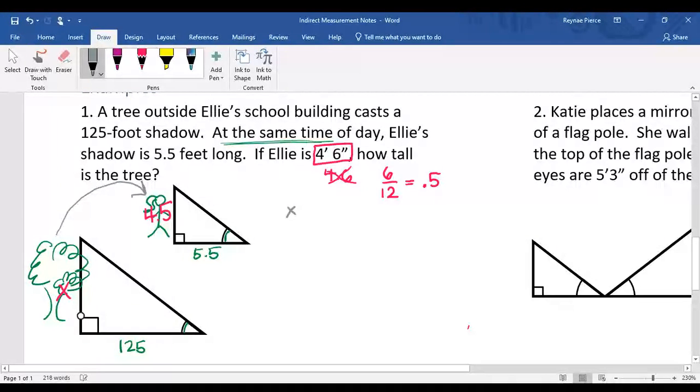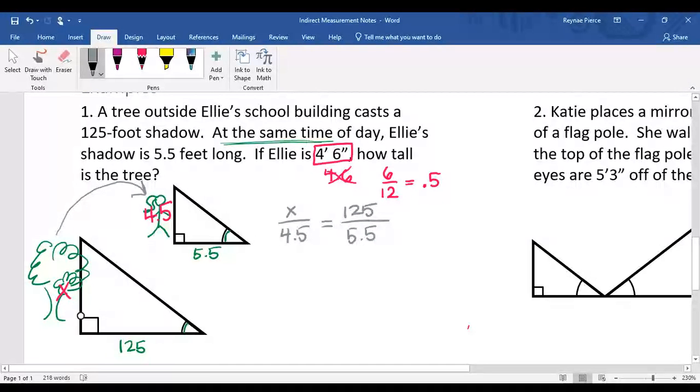Okay, so if I say x over 4.5, which is the height of the tree over the height of Ellie, has to be equal to how long the tree's shadow is over how long Ellie's shadow is. Okay, so I've got those corresponding parts matched up.